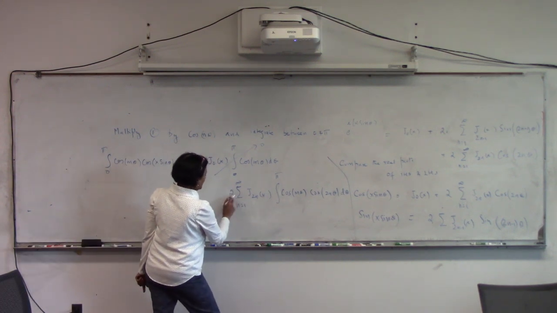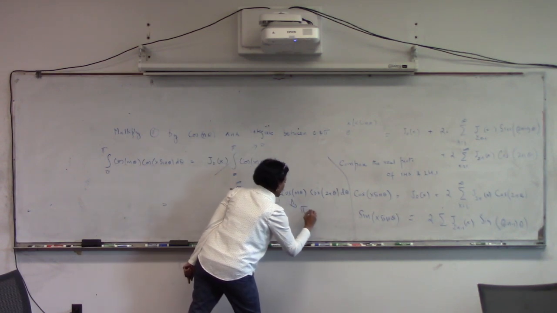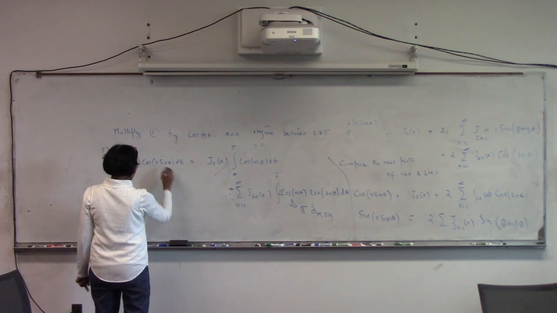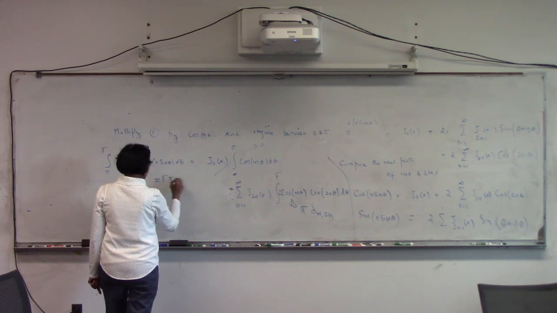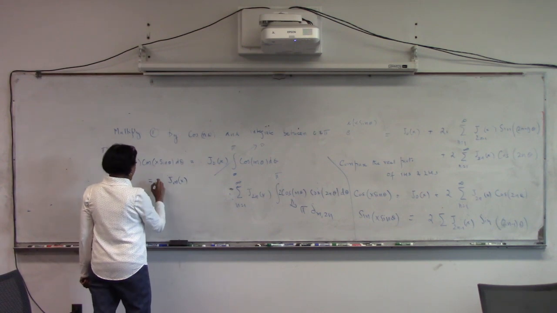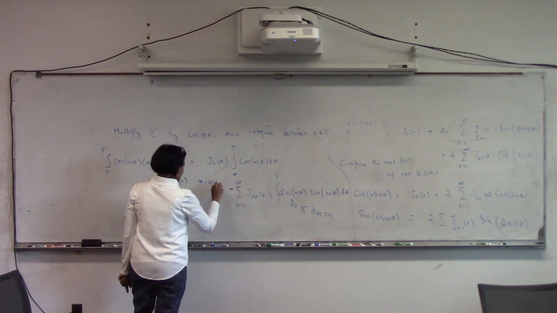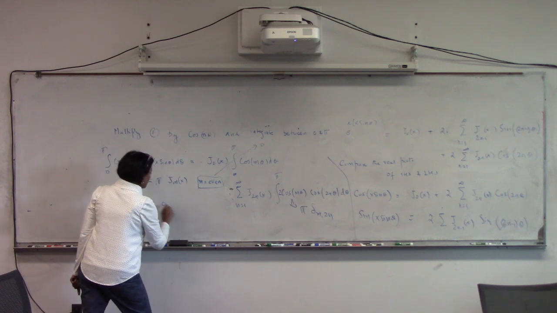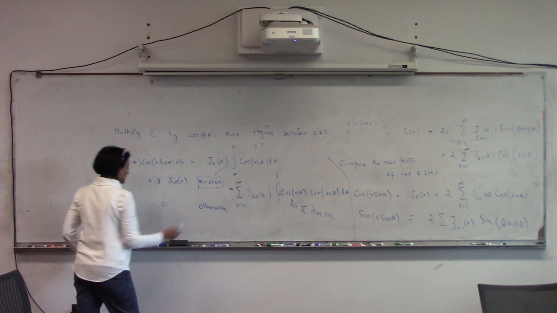We had a 2 here, and I brought it here, and that was pi delta m, 2n. So this is nothing but J of pi times J of mx. This is what you have where m is even, and it is equal to 0 otherwise. When m is odd, it's 0.